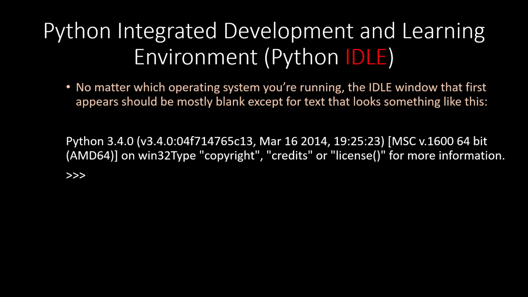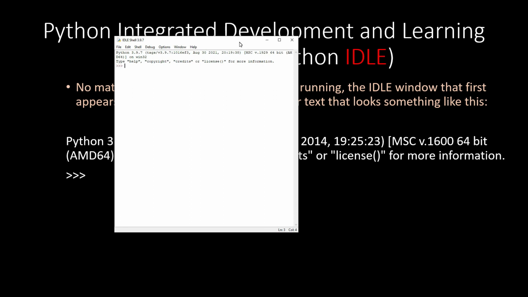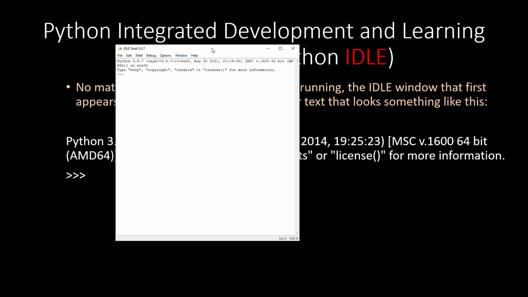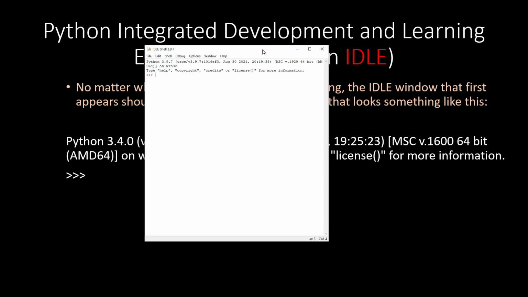The Python IDLE will pop up, and just click on it. And you get this beautiful output. This is the Python IDLE shell, which we are going to use in addition to PyCharm in this tutorial.